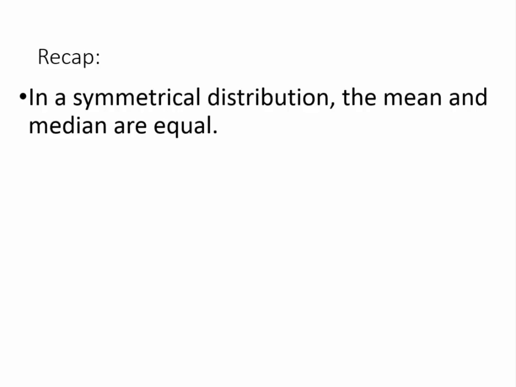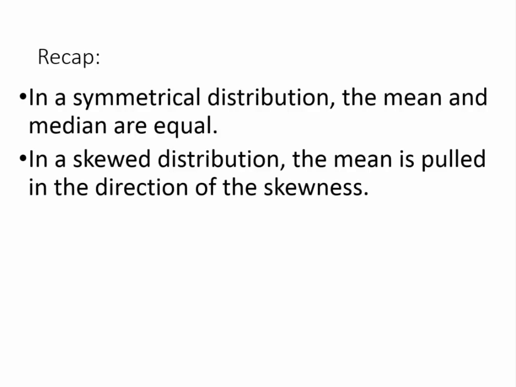So what does this all mean and why does it matter? When you're asked to give an average, you really do need to consider the type of graph the data represents. If the data is symmetrical, the mean and median should be equal, in which case we would give the mean as the average of the data.